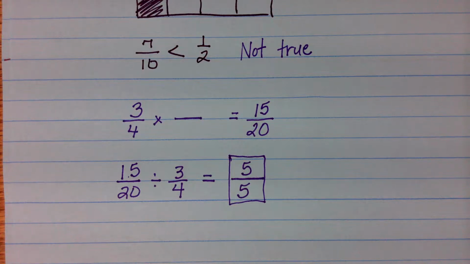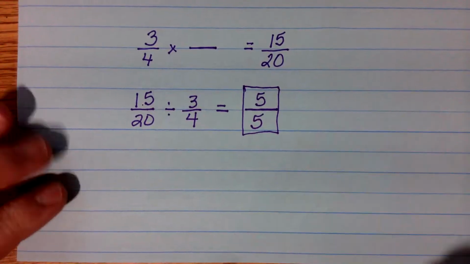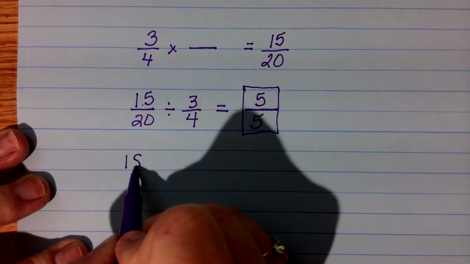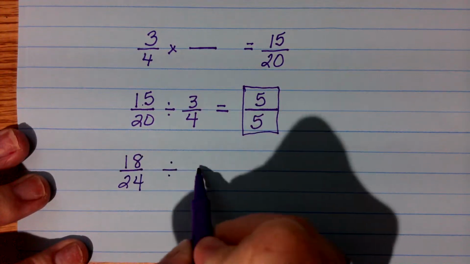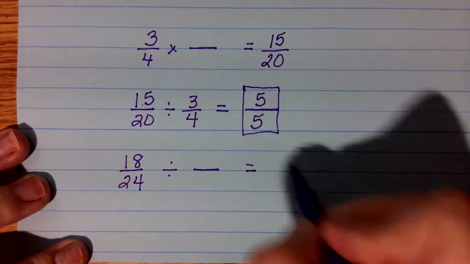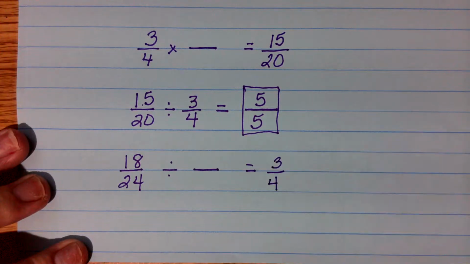Same thing where you're going to be given a division problem with a blank in it. So it might look like this: 18/24 divided by blank equals 3/4. And you have to figure out what's going to go in that blank.